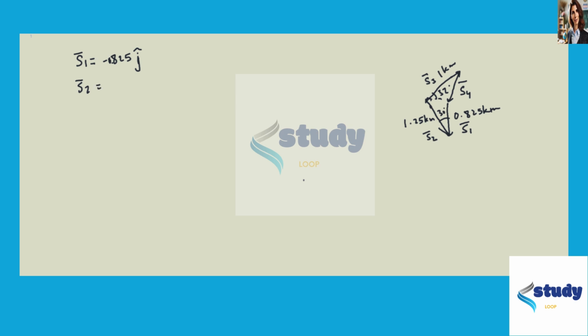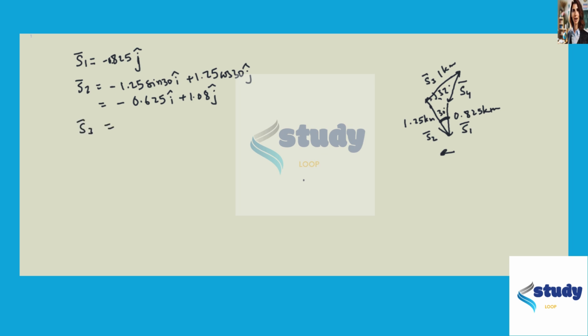Whereas S2 bar would be, because this angle is 30 degrees from the y-axis, we can write it as 1.25 sine 30 i hat. But because it is in the negative x direction, we put a minus here, plus 1.25 cos 30 j hat, which turns out to be minus 0.625 i hat plus 1.08 j hat.